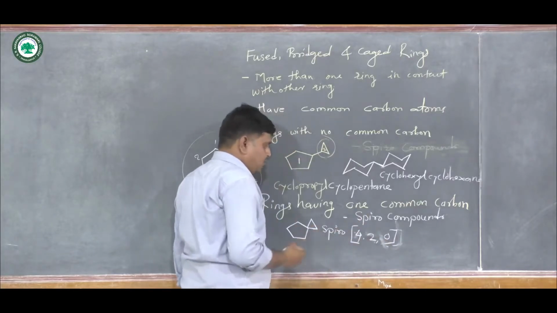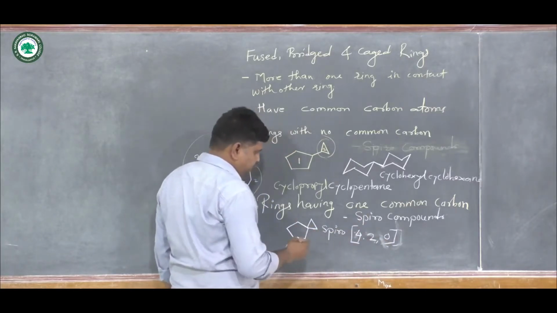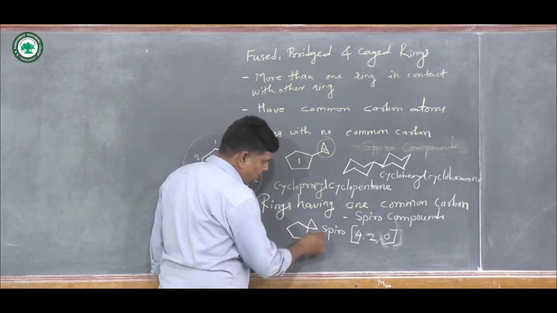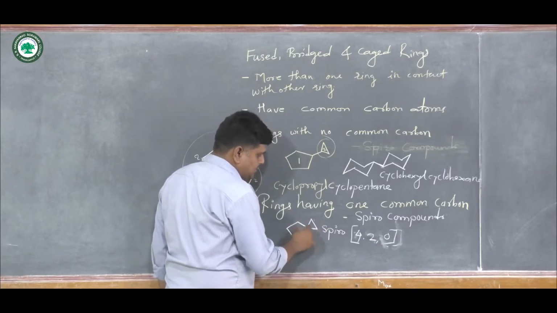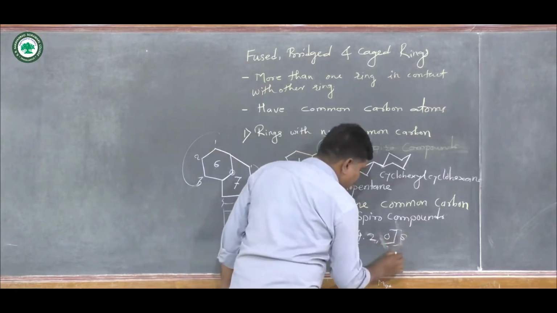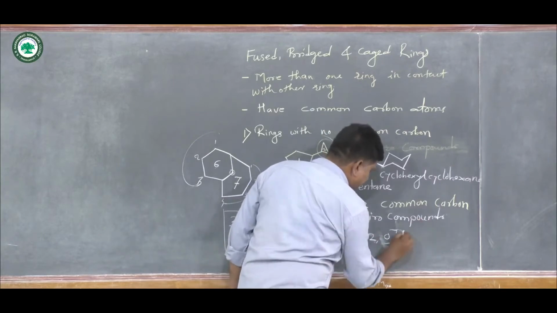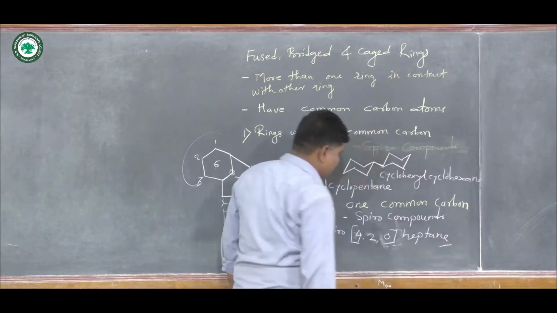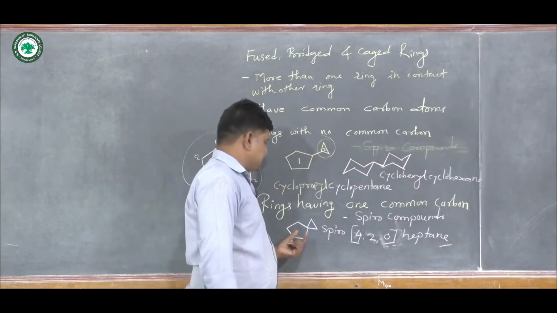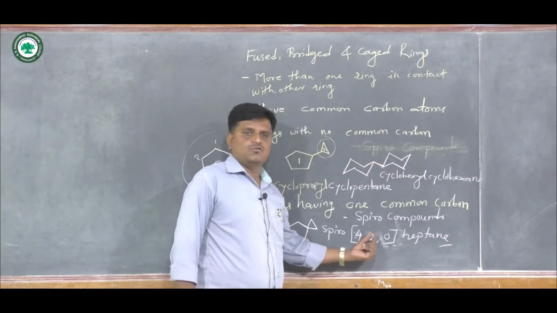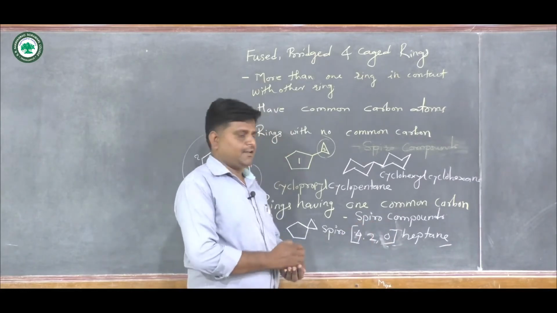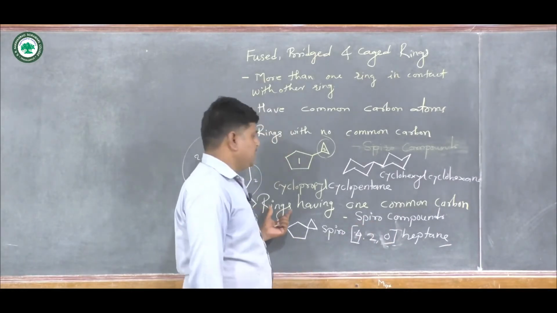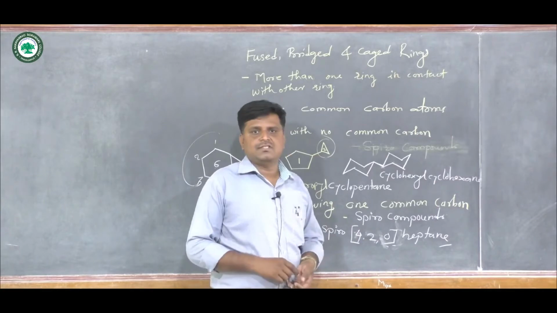Now we count all carbon atoms: there are 7, so we write heptane. This is spiro[4.2.0]heptane, the name for the spiro compound.